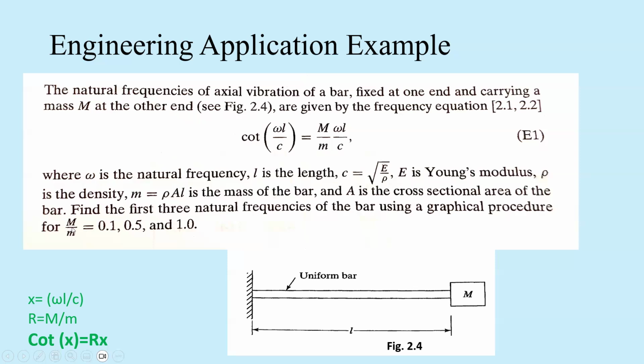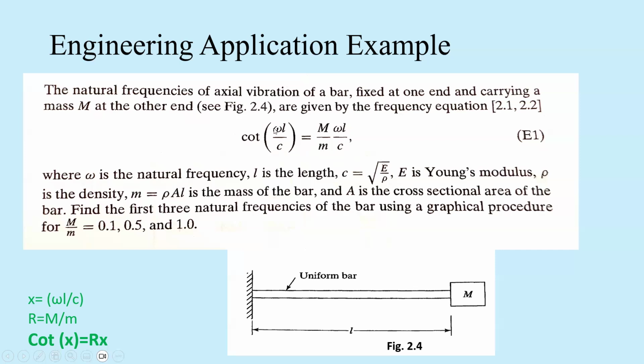for different ratios between the mass of the object and the mass of the bar, when the values are 0.1, 0.5, and 1. If we look at this frequency equation, as you can see, omega L over C is common to the left and right sides.